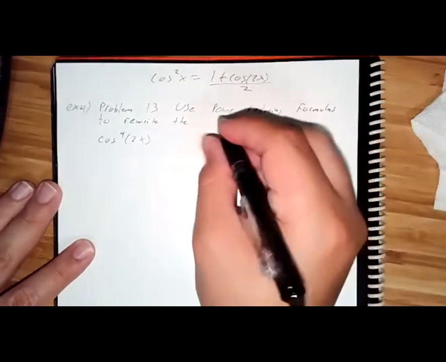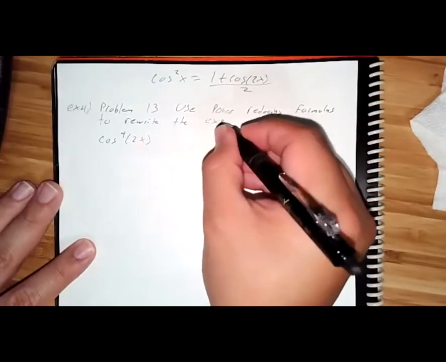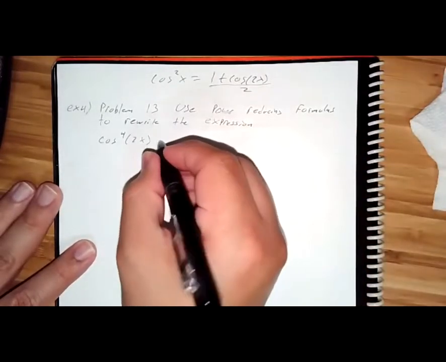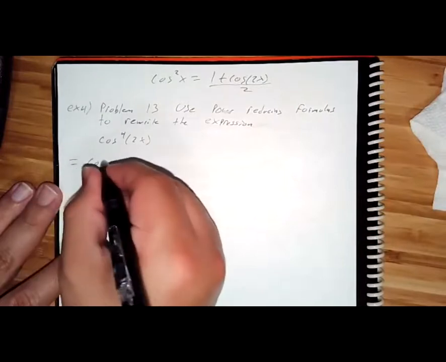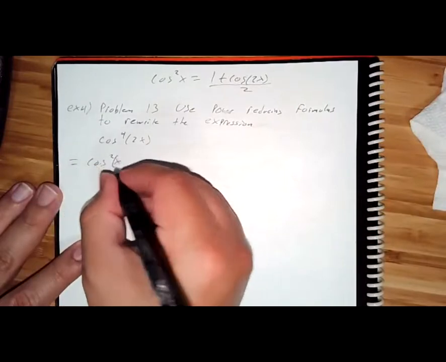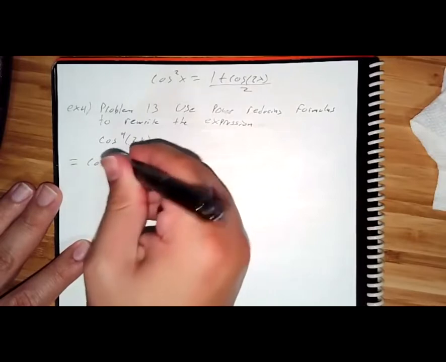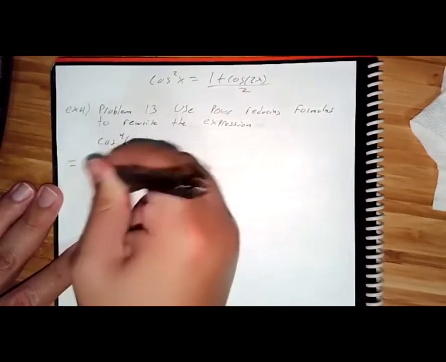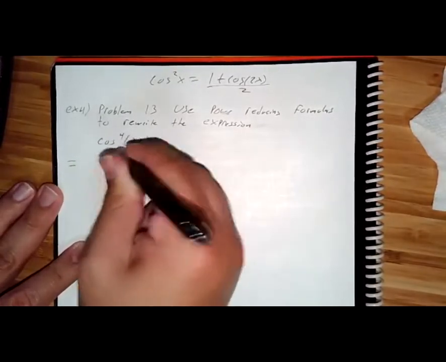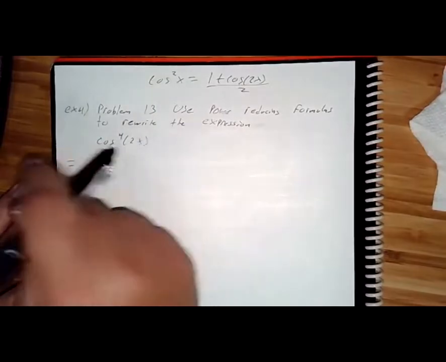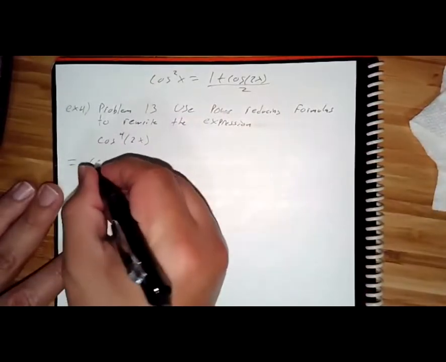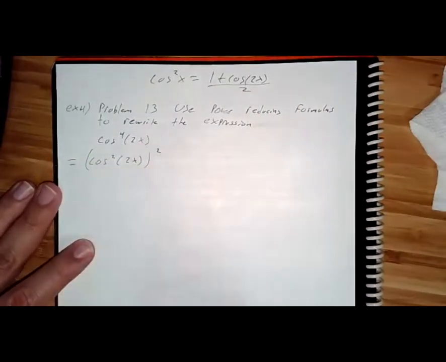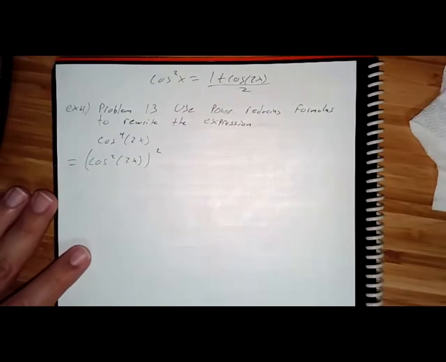So basically just rewrite the question as cosine squared 2x squared again. You agree that's the same as to the 4th, right? Squared squared.